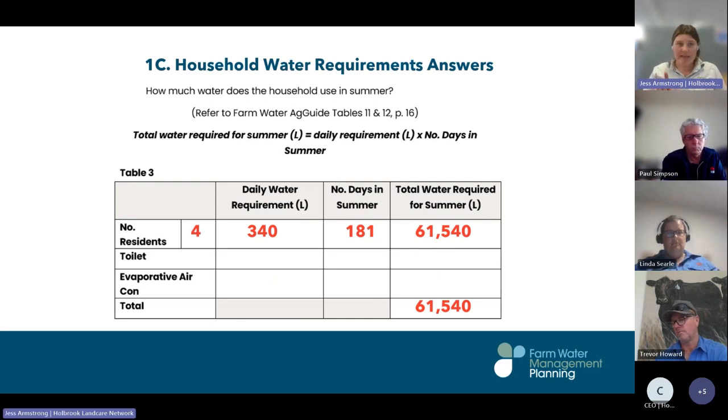Just keep in mind that you don't need to times that by 4, because we have already gone to the column in the table provided in the Farm Water Ag Guide that says 4 residents. So we are only timesing the daily water requirement column by the number of days in summer to get our answer. I didn't bother changing that one back to megalitres because that was a small enough number for me to work with.